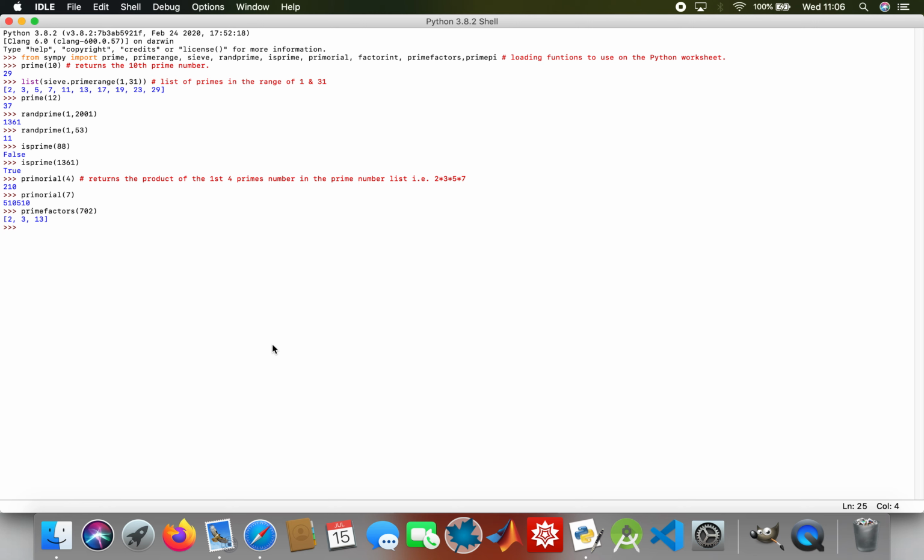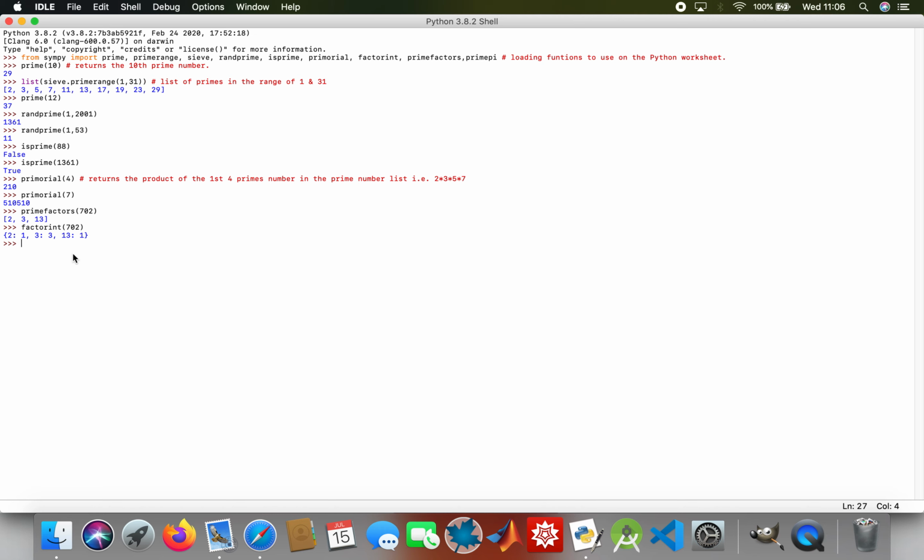But then I can further factorize the number as a product of its primes. So factor int, 702. So that's 2 times 3 cubed times 13. So this is representing cubed, and then 13, right? So that's the product, right?